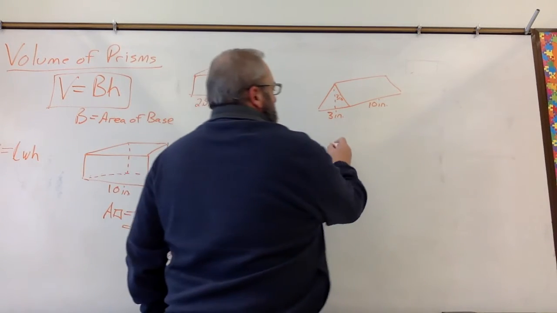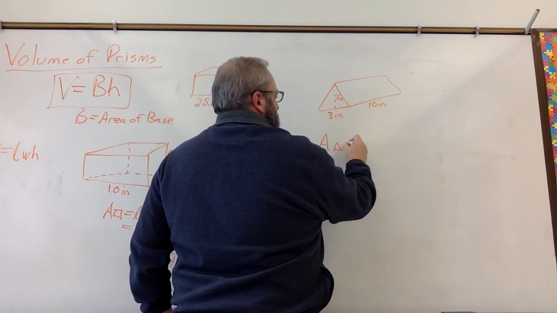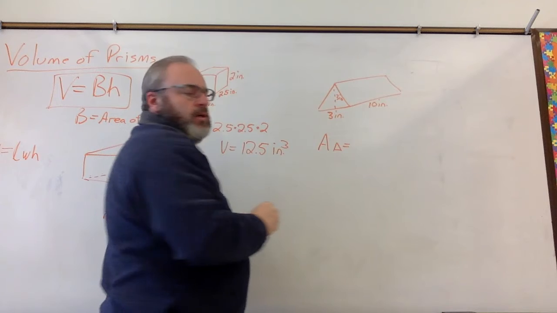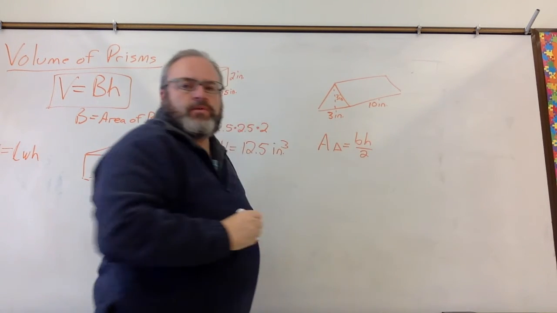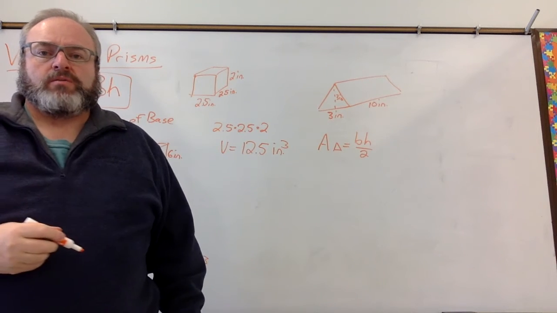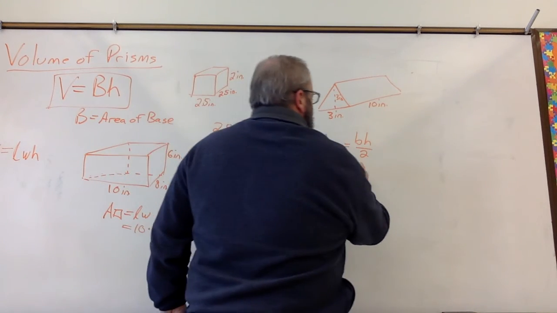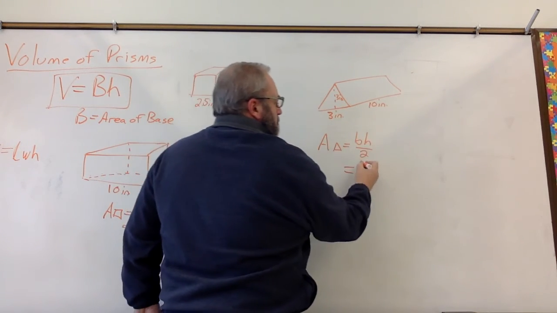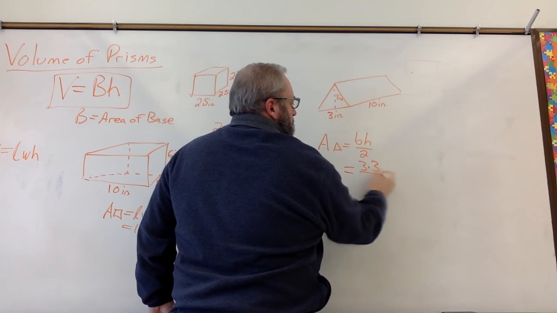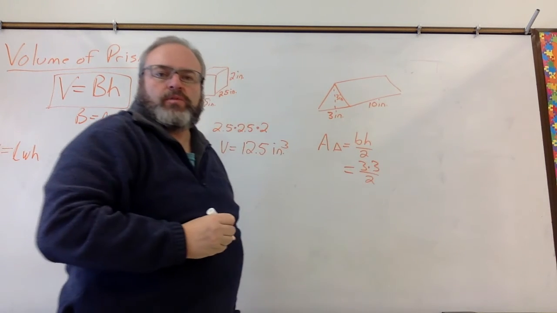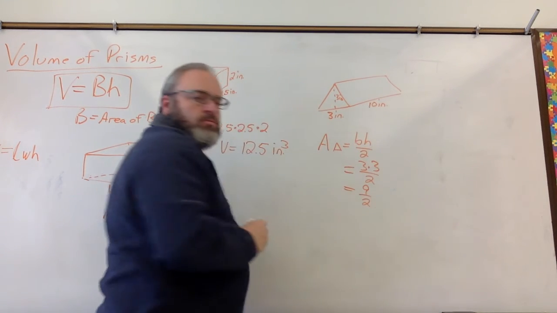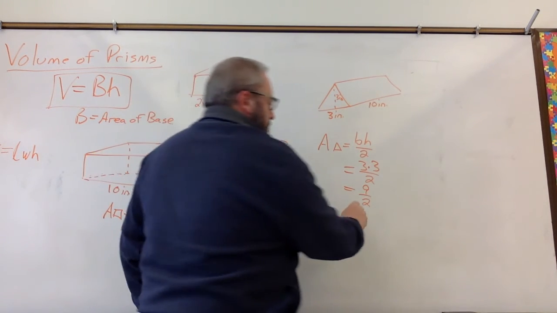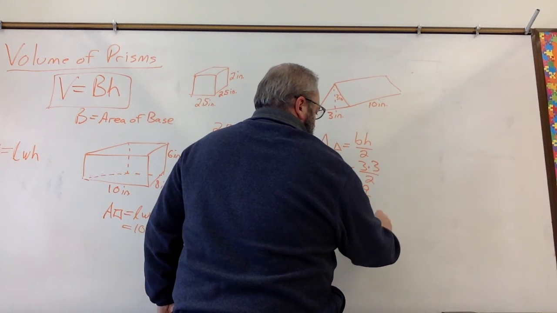The area of a triangle is base times height divided by 2, or 1/2 the base times the height. So in this case, that would be 3 times 3 divided by 2, which is 9 divided by 2, which is 4.5.